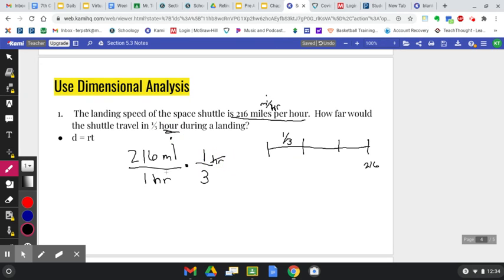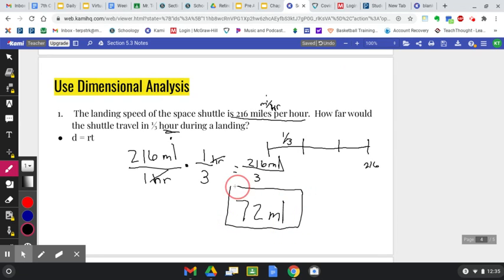So really the hours will cancel out and my final answer will be in miles, right? So if I take 216 times 1 is 216, 1 times 3 is 3. So I have 216 miles, right, divided by 3. That is 72 miles in 1/3 of an hour.